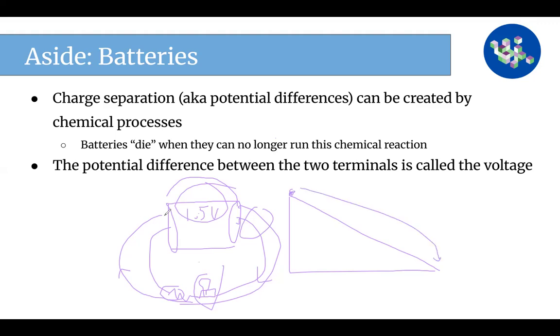Once you're at this point over here, then you're at the bottom of the slope. Now, if you want to slide down the slope again, you're gonna need an elevator or a ski lift or something to bring you back up. And that's what the battery does. It acts as the ski lift to bring charges back up to a position of higher potential so that the current can keep running.